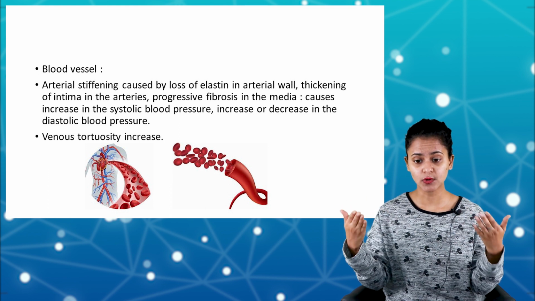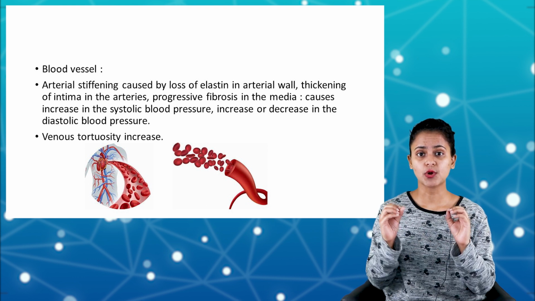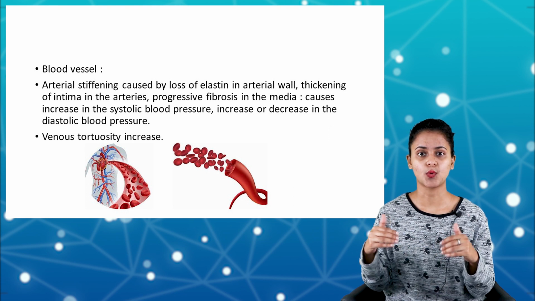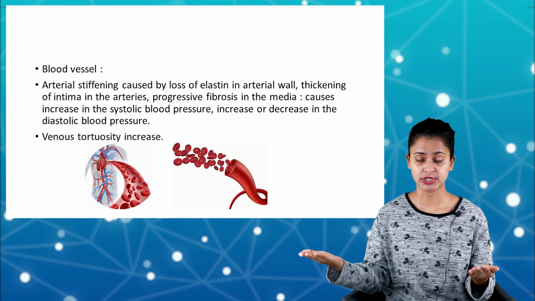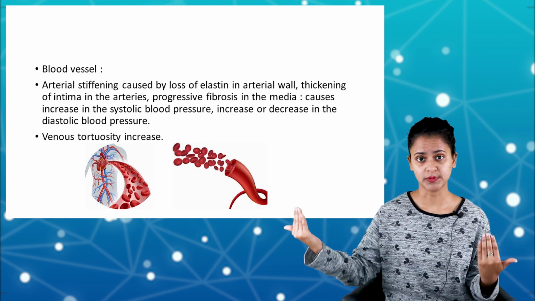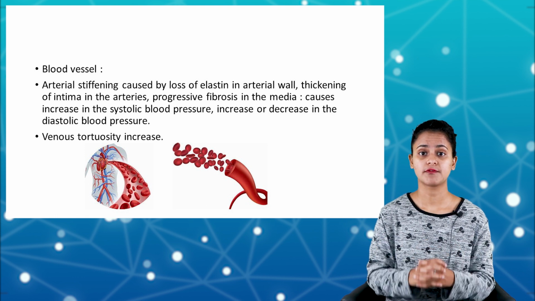There will be an increase or decrease in the diastolic blood pressure even. Venous tortuosity is a very commonly seen phenomenon among the older population. That is the reason why the majority of older people have a high risk to develop varicose veins and associated symptoms.